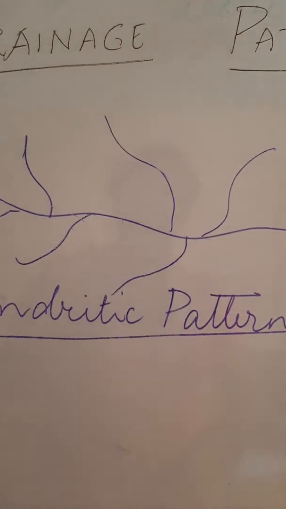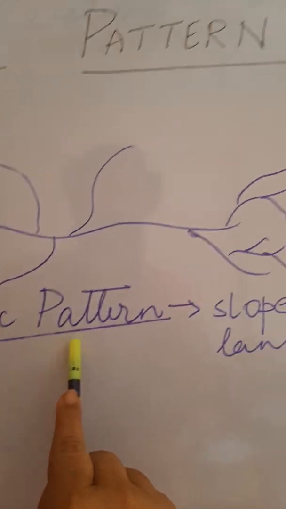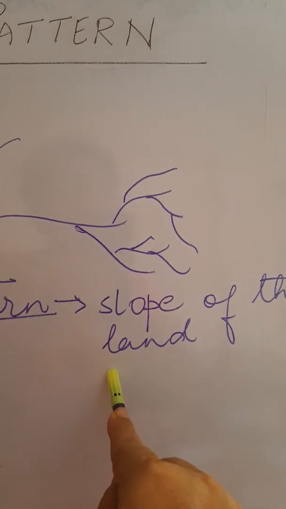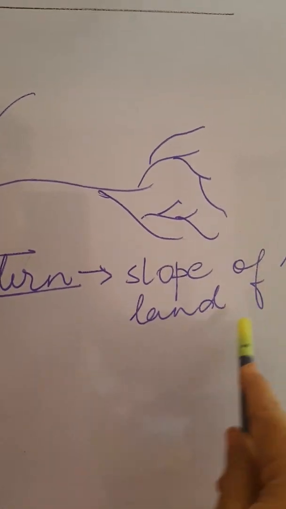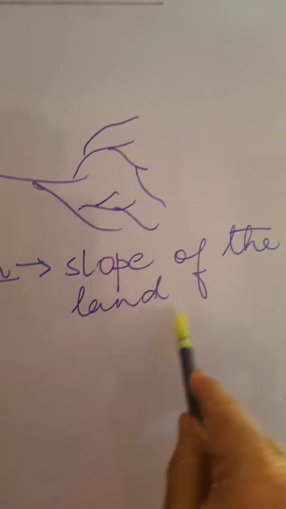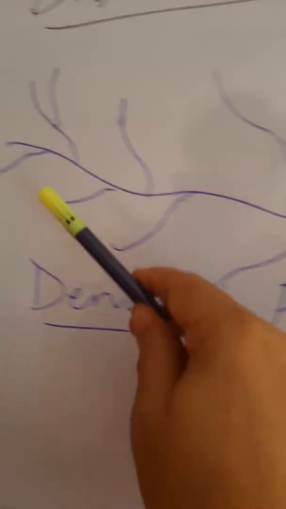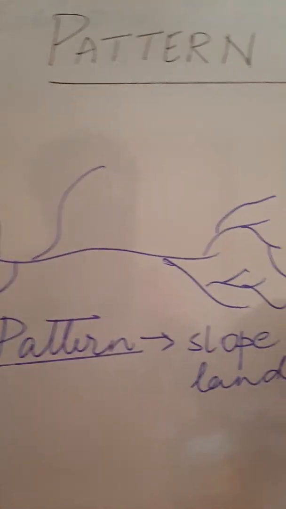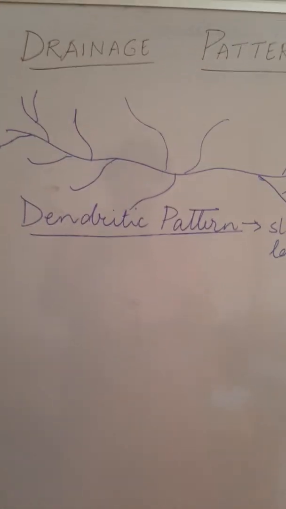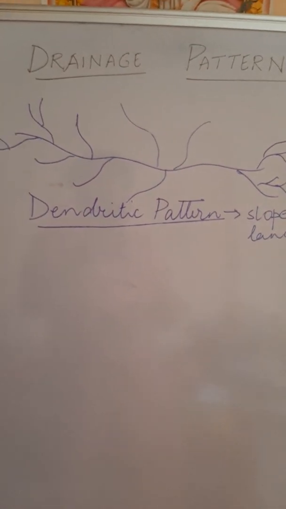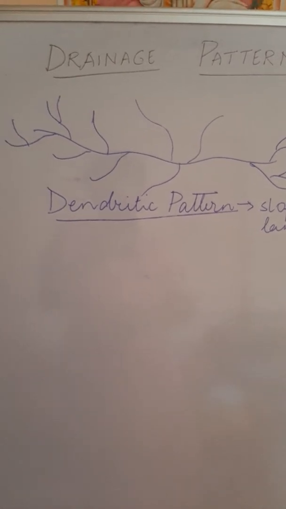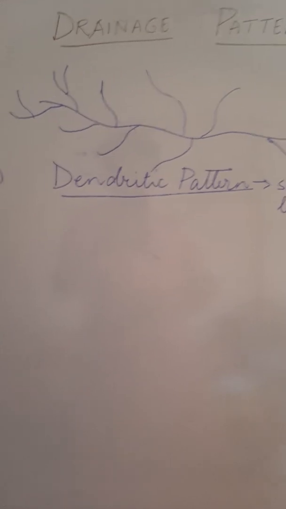Here, children, the main thing is that the dendritic pattern is formed when any river follows the slope of the land. When the river follows the slope of the land, this kind of pattern is developed, and in the map that you have in your book, if you see the Ganga river along with its tributaries and distributaries, you will find this kind of drainage pattern.